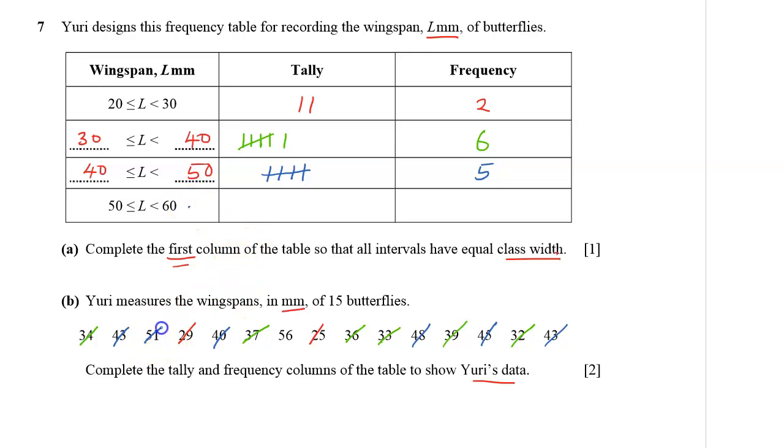We have 51, 53, 52, and that's it. So the tally is 1, 2, 3, and the frequency is 3. We are done. On number 7, we are done.